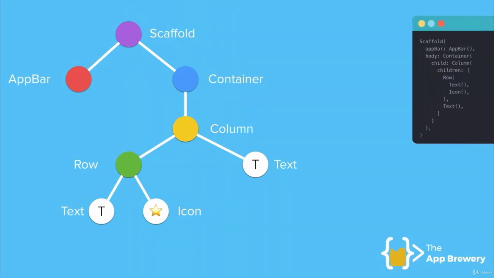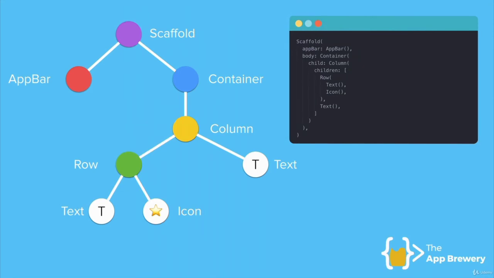And if we were to look at the code for our widget tree, it would look kind of similar, although it would be rotated, I guess. But essentially, we would have all of our widgets nested inside each other. So inside these parentheses for the scaffold, we've got an app bar and a container. Now, inside the parentheses for the container, so here is where it starts and here is where it ends, we have a column. Here's our column.